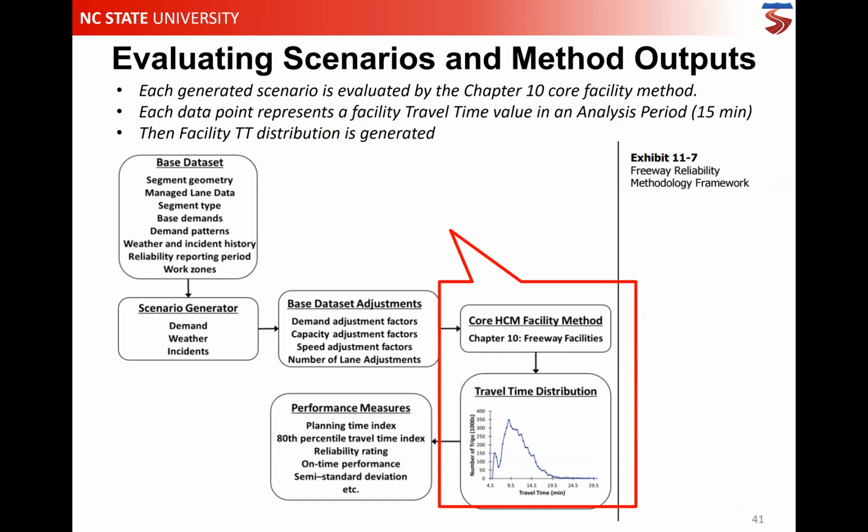It runs very quickly, and as a result, for each 15 minutes we extract a travel time. We take those 15-minute travel times and generate a travel time distribution, which is the graphic you see on the bottom right of the slide. It shows you basically what happened every 15 minutes for an entire year.